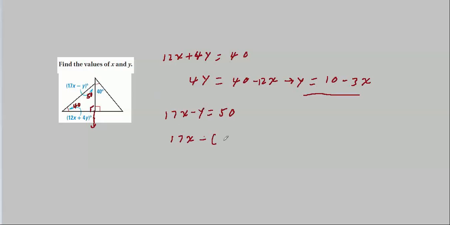minus 10 minus 3x equals 50. So that becomes minus 10. That becomes plus 3x.